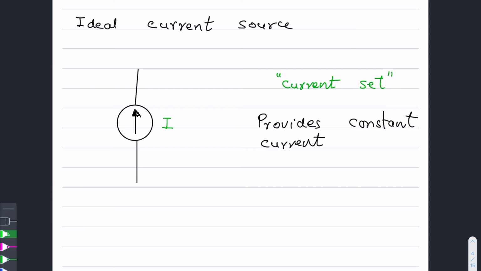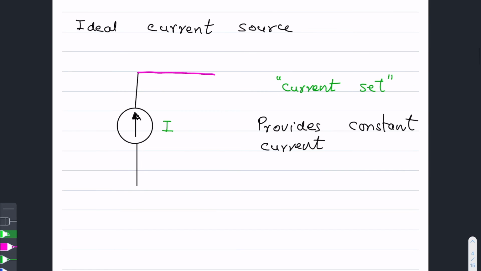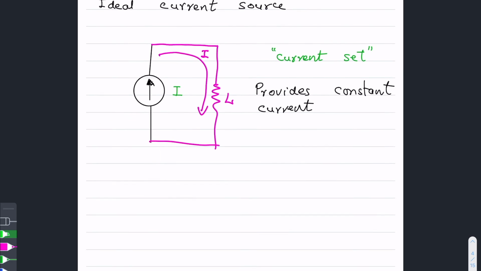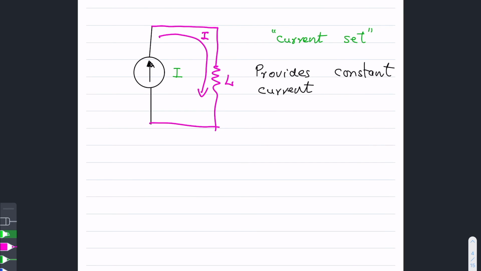In other words, independent of what kind of load is connected across the terminals, the current through that load I is constant. So this ideal current source provides a constant current through the load. The voltage might vary, but the current will still be the same.